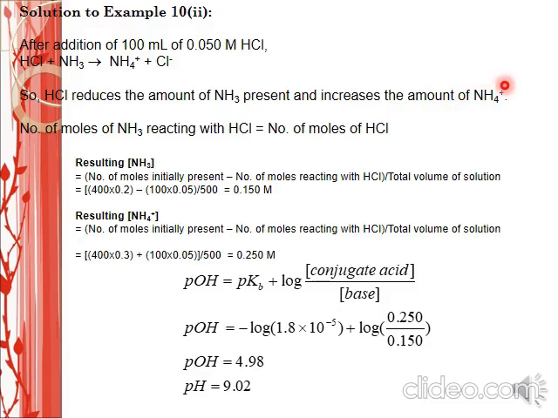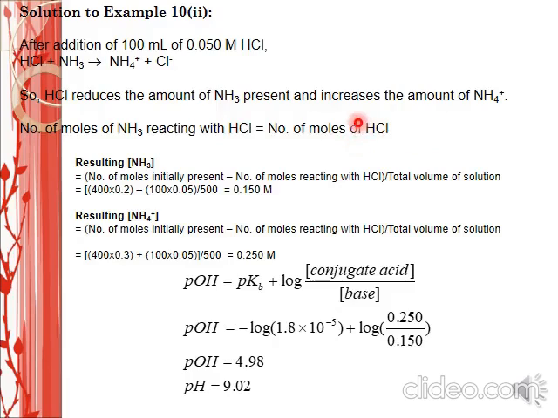That is how we imagine. So that is considered as number of mole. So number of mole of ammonia that reacts with the hydrochloric acid will be equivalent to number of mole of hydrochloric acid.